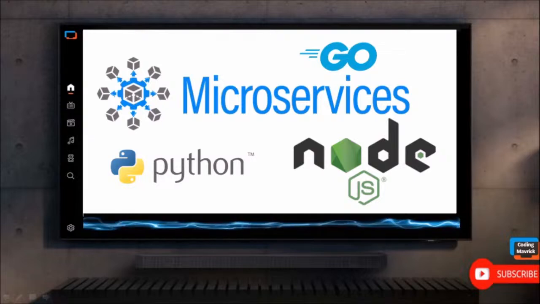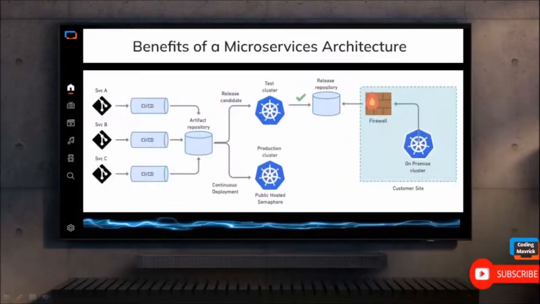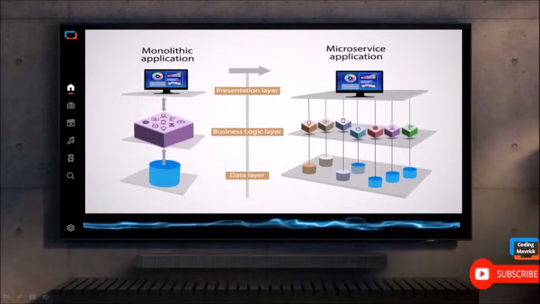For example, Node.js for the user service, Python maybe for machine learning modules, and Go for the payment modules. Similarly, teams can release features without waiting for the entire system to rebuild. And if the order service fails, the rest of your system still works. Over here, smaller code bases are easier to understand, debug and replace.